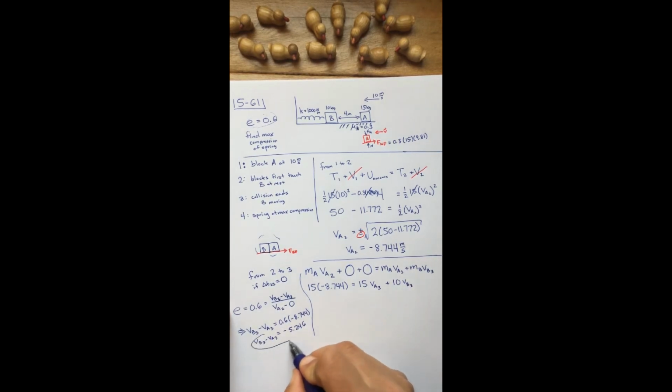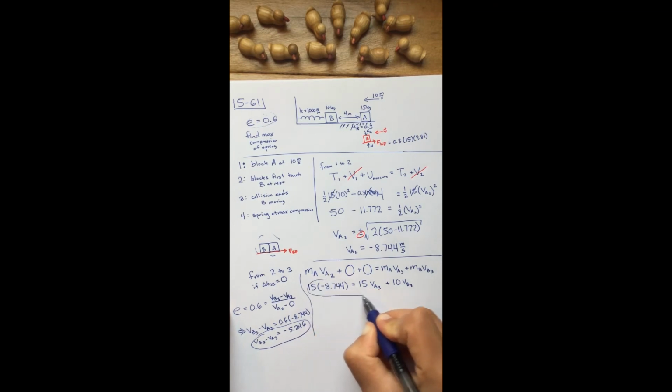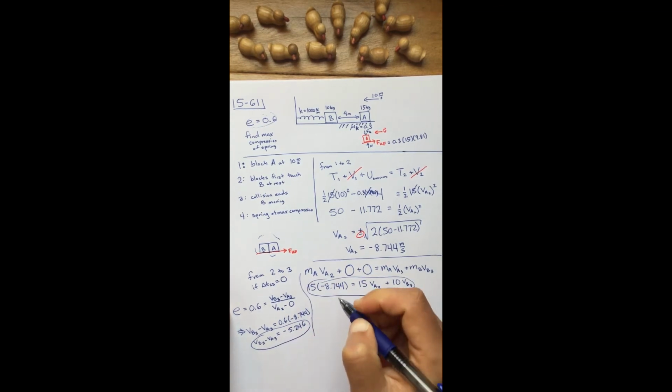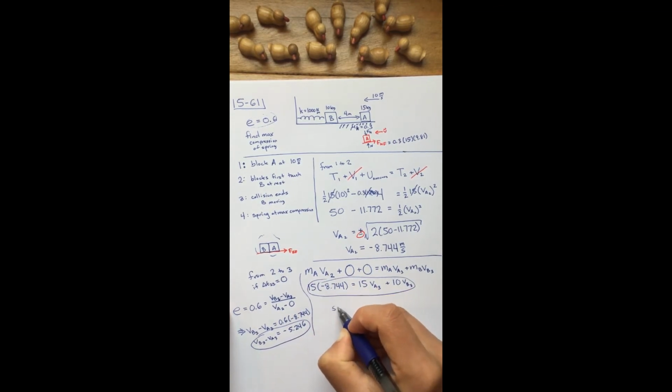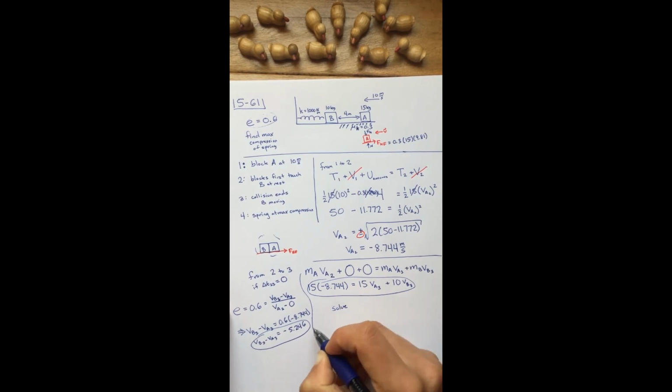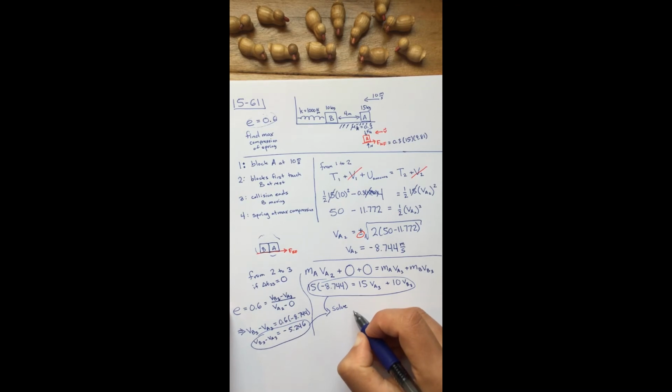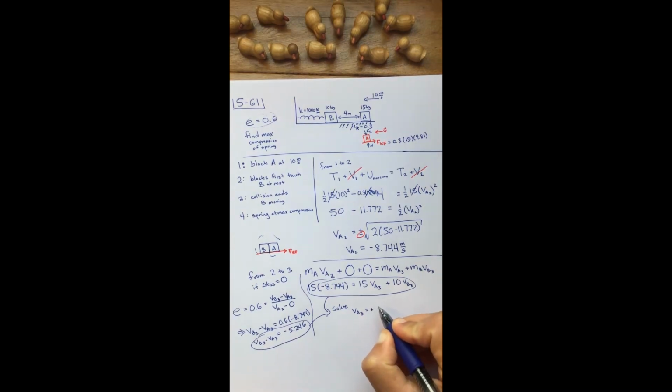So now I have an equation here and an equation here, and I can solve those two, and I get VA3 is equal to positive 3.148.